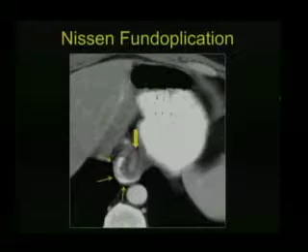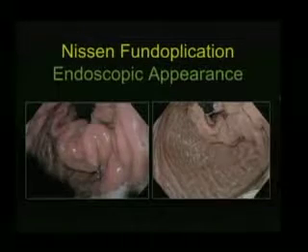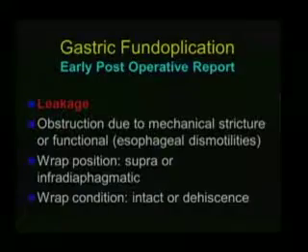We continue. This is the CT image of a normal Nissen fundoplication. This is the endoscopic image. And we start with the complications, okay? The early postoperative complications, usually during the first months, you know that the most important is to detect the leakage. Even if when they perform the surgery, they do not open the GI tract.